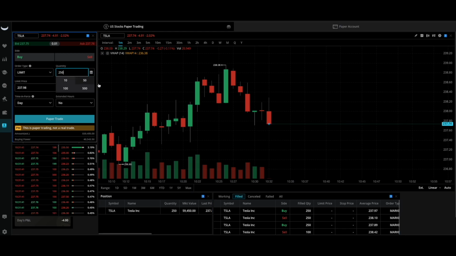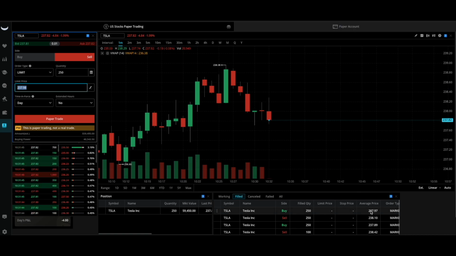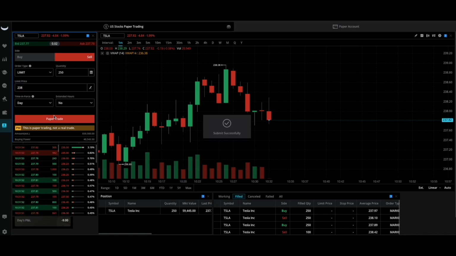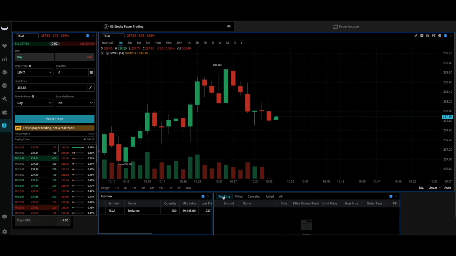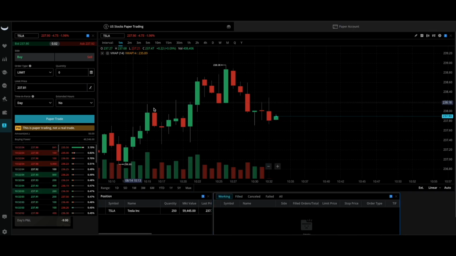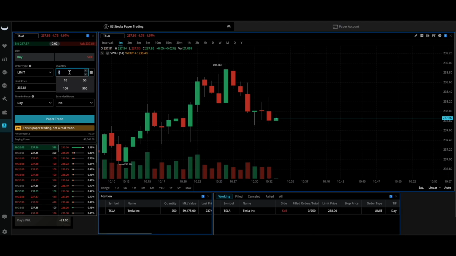So now let's say we're going to trade and we're going to sell at a certain price. So we know that we bought at 237.97, but for simplicity, we want to sell this stock when it gets to 238. So I hit limit order for 238. The way to see it now is to look under your working, and it will show up here.